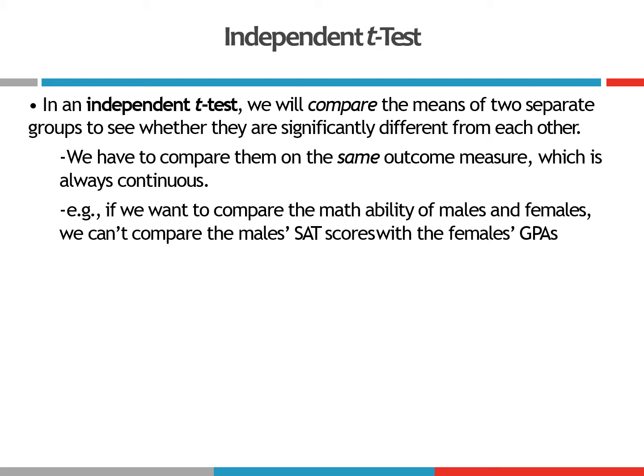So for example, if we wanted to compare math ability of males and females, then our first variable would obviously be gender, males or females, and our second variable would be SAT score, which is a continuous variable. Essentially we're comparing two different groups of people in our sample on the same outcome measure, which is always continuous.